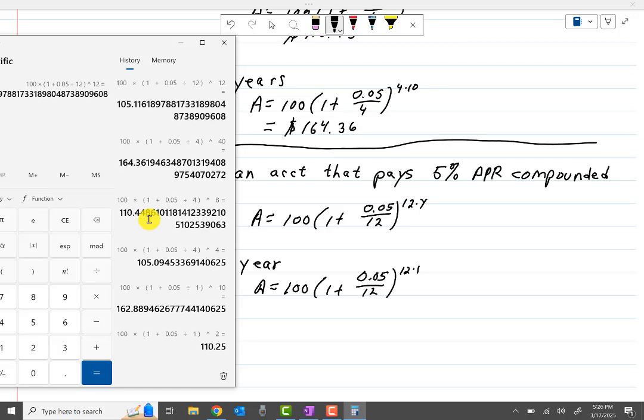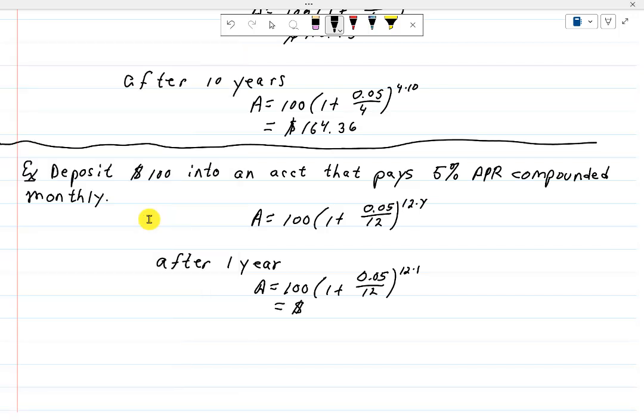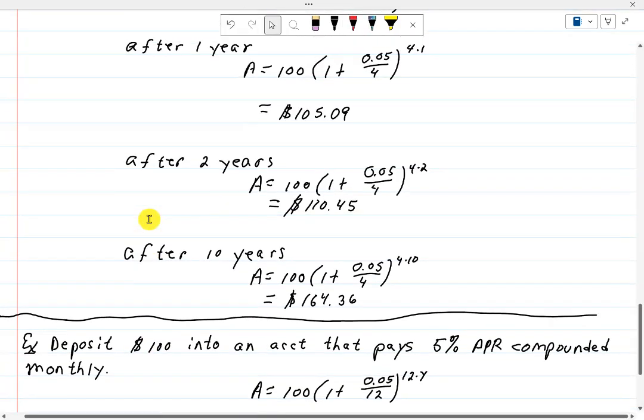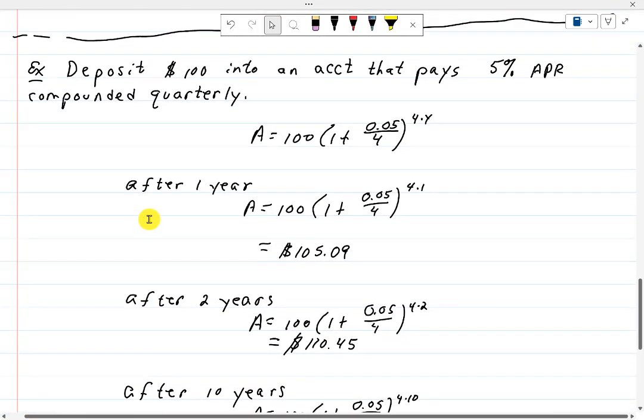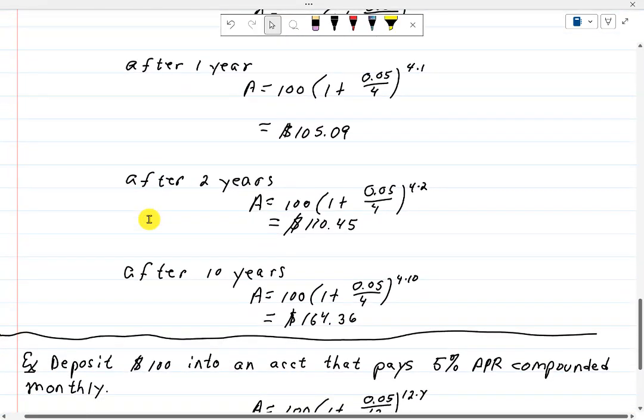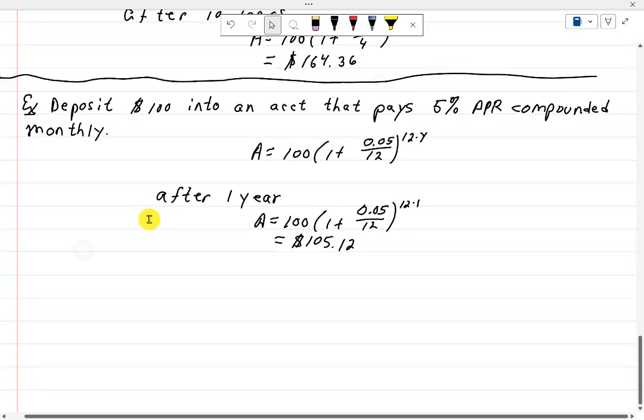I get 105.12. You notice that's slightly more than we had for the quarterly compounding, which was 9 cents, and this compounding gave us 12 cents.